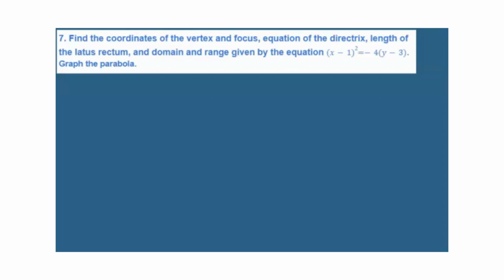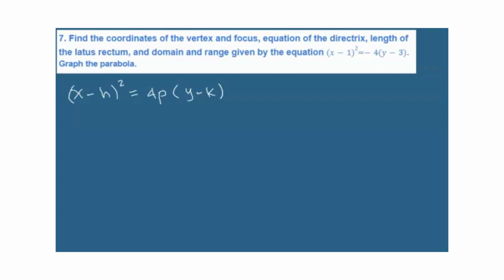So from the given equation, we know that it follows the standard equation (x - h) squared is equal to 4p(y - k).